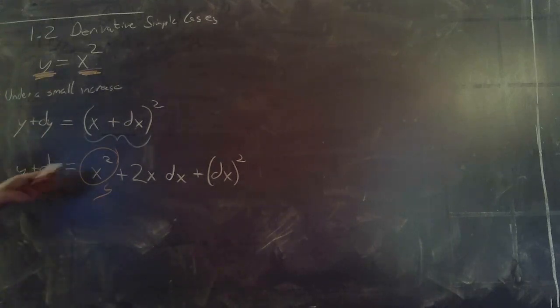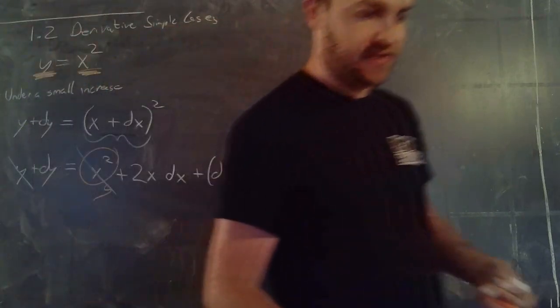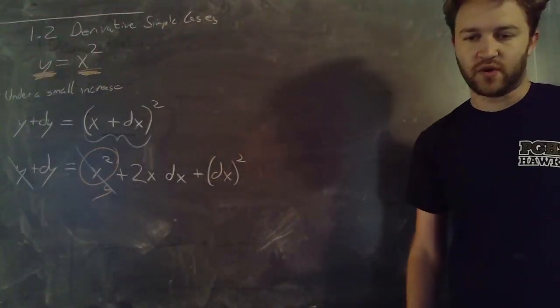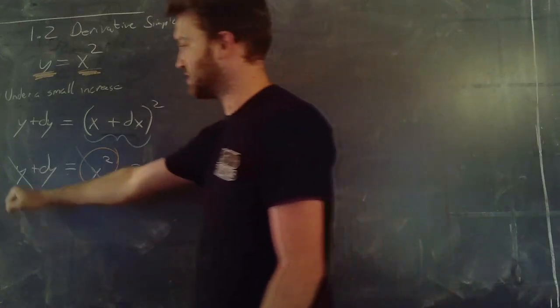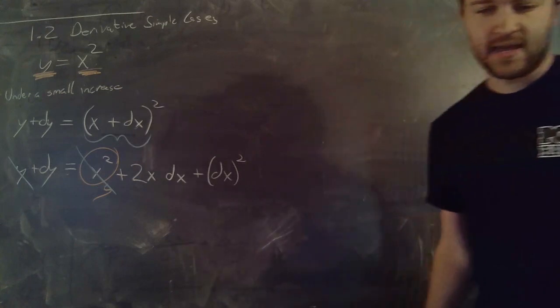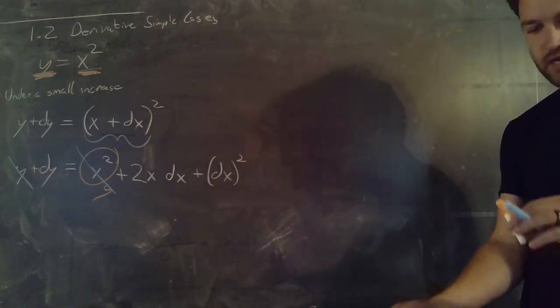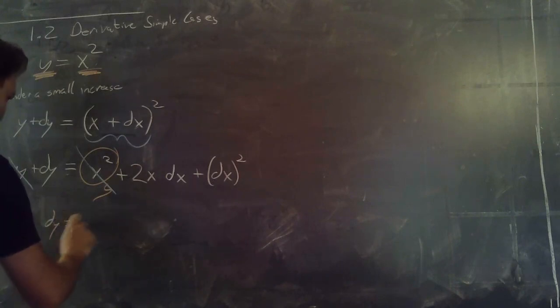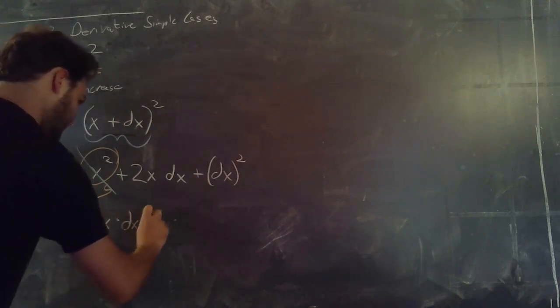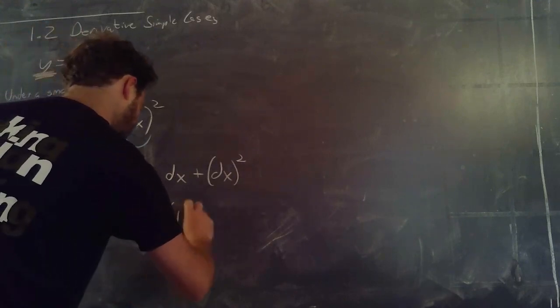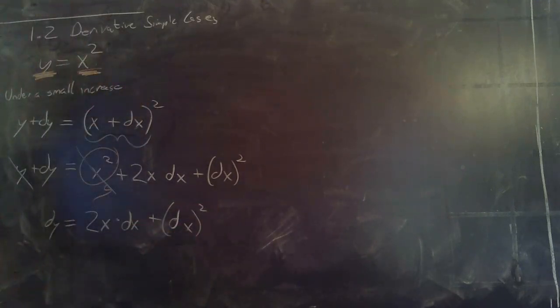If I were to take y away from both sides, then what's going to happen is it's just going to cancel out, because I've removed something that is equivalent to x squared on the right-hand side, and I've removed something that is equivalent to y on the left-hand side, because those two things are equal to each other. That's going to give me that dy is equal to 2x times dx plus dx squared.